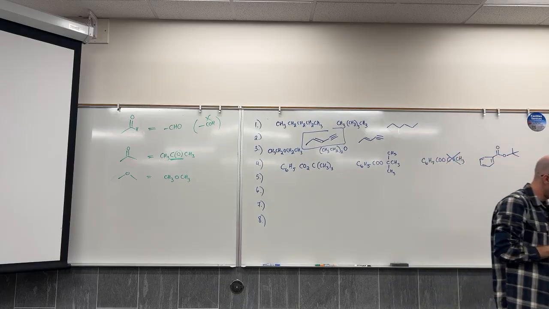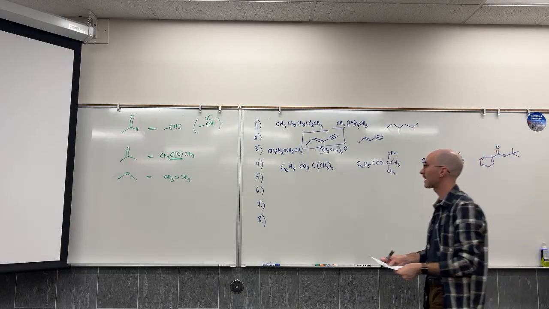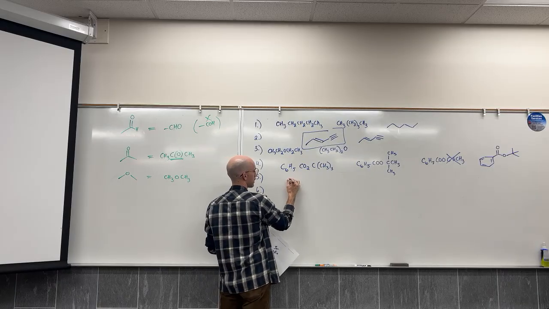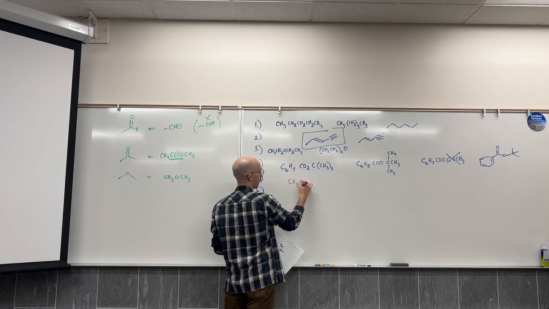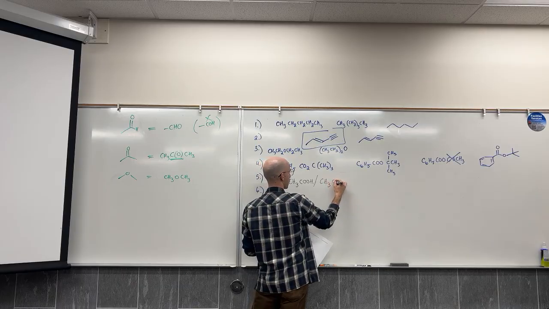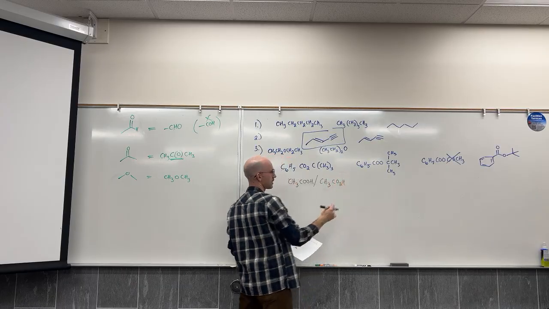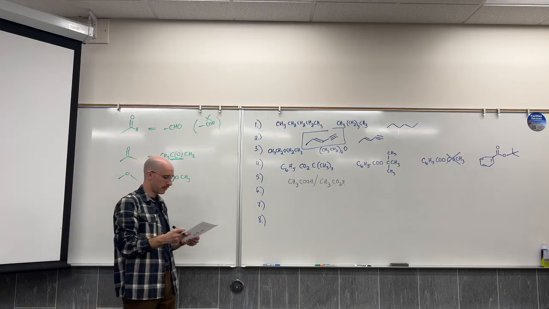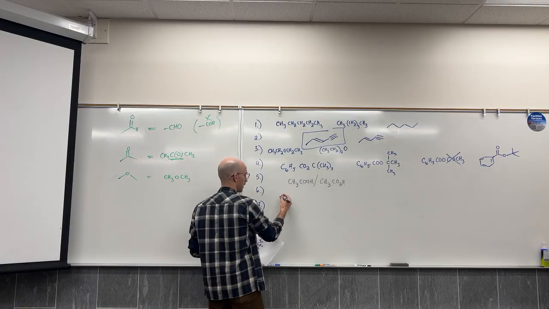All right, number 5, we've got acetic acid. So I'm not going to draw its Lewis structure. Its condensed molecular form would be either CH3COOH or CH3CO2H. The next one, we've got an aldehyde.